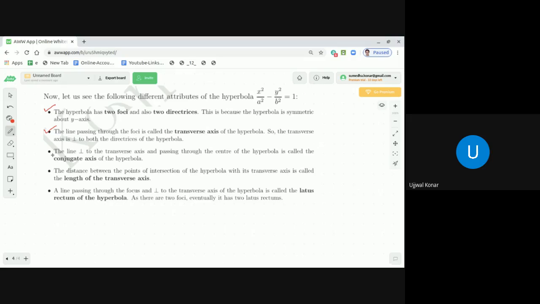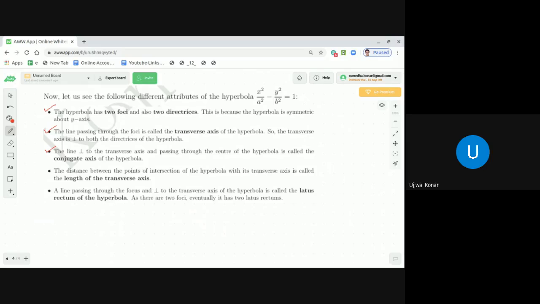The line perpendicular to the transverse axis and passing through the center of the hyperbola is called the conjugate axis. In context to our discussion, in the diagram you saw earlier, the x-axis is the transverse axis and the y-axis is the conjugate axis. If you recall the previous page, you'll find it out. Perpendicular to the transverse axis is the conjugate axis.